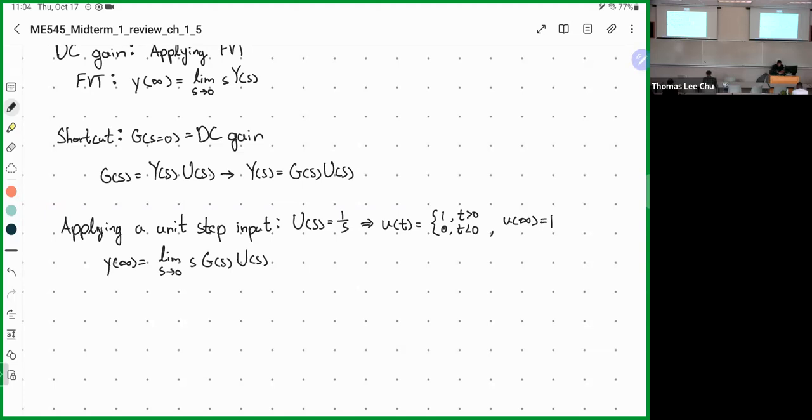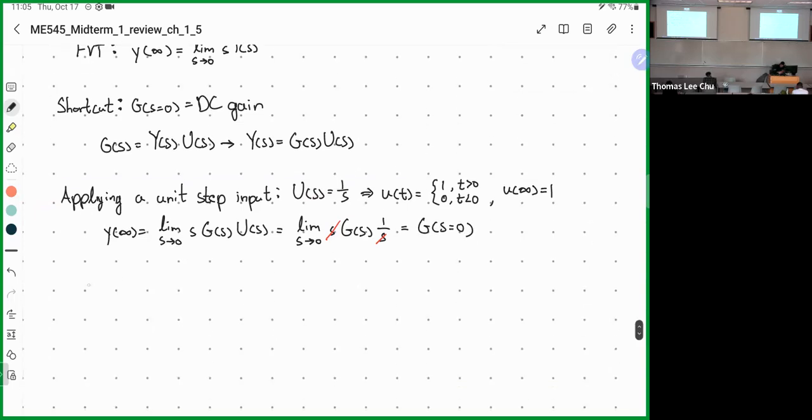And here I just subbed in g times u in place of y. Then I plug in my step input. Limit as s goes to 0 of s multiplied by g of s multiplied by 1 over s. And here our s's cancel out. And we get basically g of s evaluated at 0.